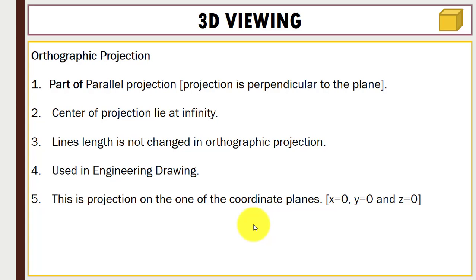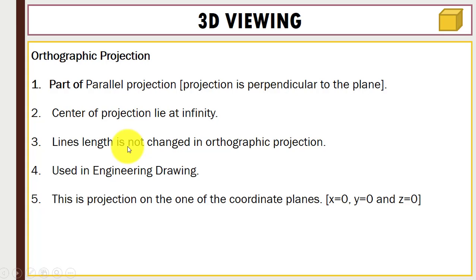Next is orthographic projection. This is also a part of parallel projection. Here the projection is perpendicular to the plane, and the center of projection lies at infinity.